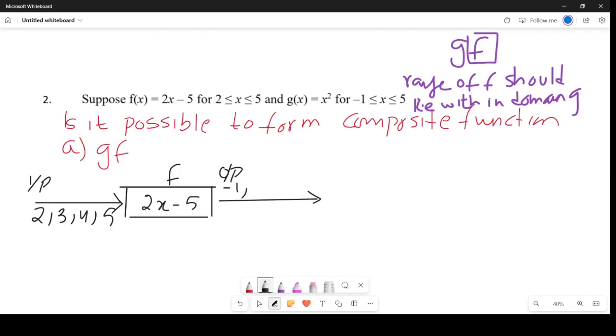So it's going to be -1, 1, 3, and 5 times 2 is 10, minus 5 is 5. So these are the output values. Now we're going to feed these into g. So g is x square.